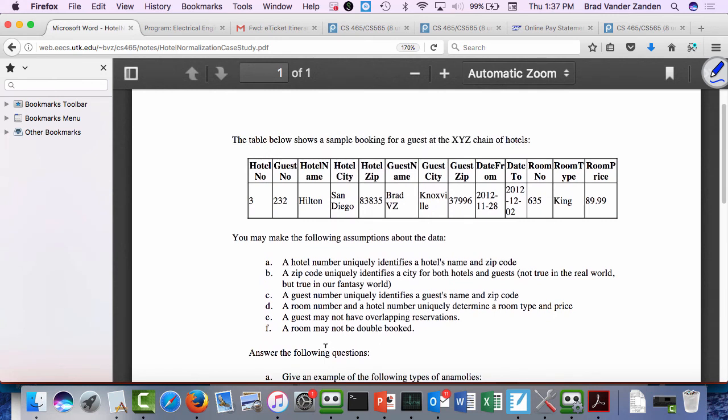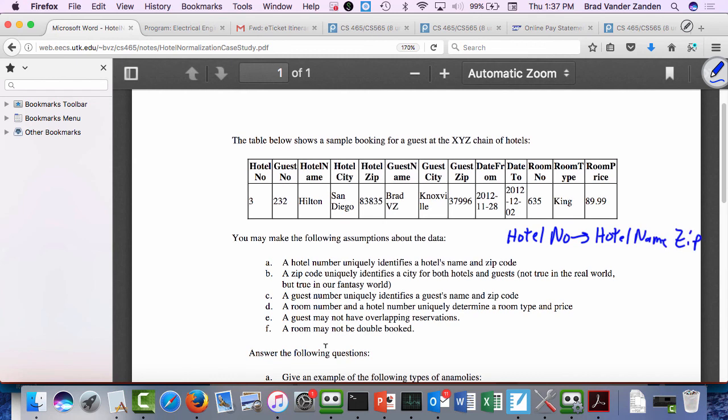So A gives us hotel number determines hotel name and zip. I'm just going to write it as zip, but it's really zip code. Then we have zip code uniquely determines city.